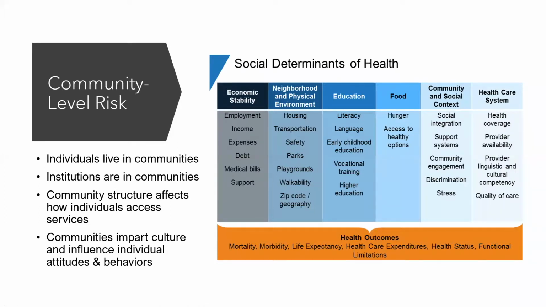So whether it's transportation or housing or access to food, these are factors that are determined by the community, not determined by individuals, but they are factors at the level of the community that majorly affect the individual. They affect the individual's ability to get good food, and they also affect the choices and the culture that the individual lives in.